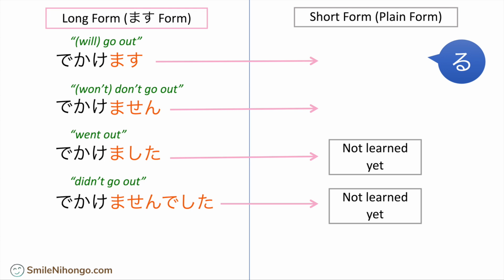The verb go out, 出かけます and the negative 出かけません。 Right. In plain form, they are 出かける and 出かけない。 Now we are done with ru verbs.